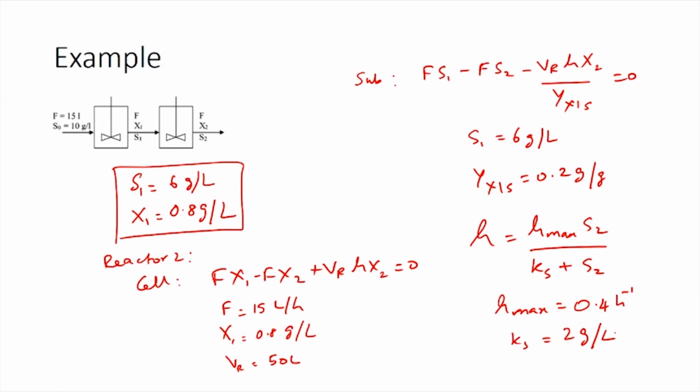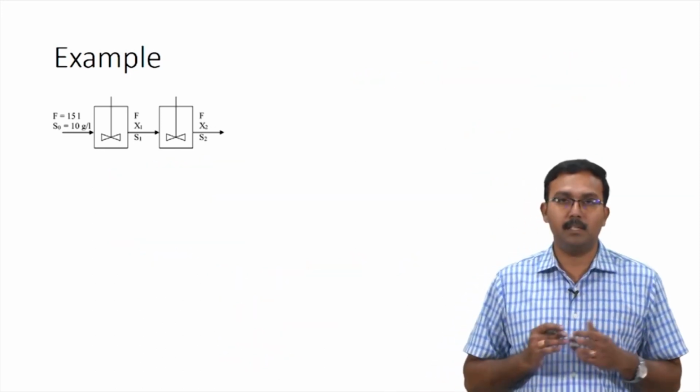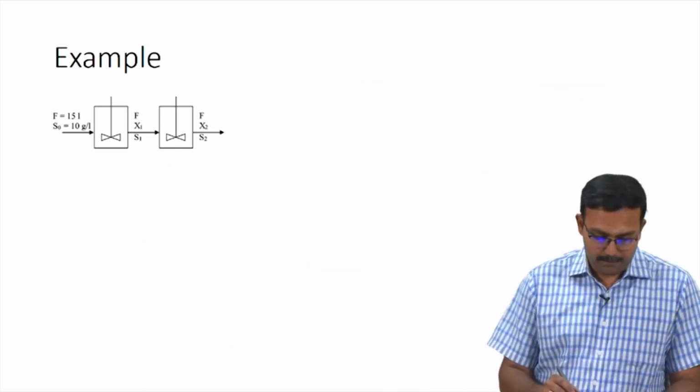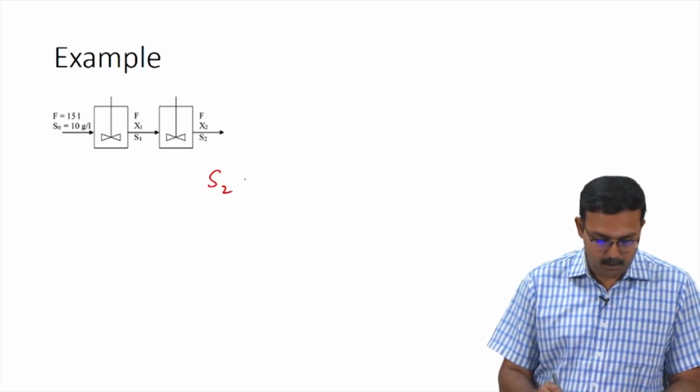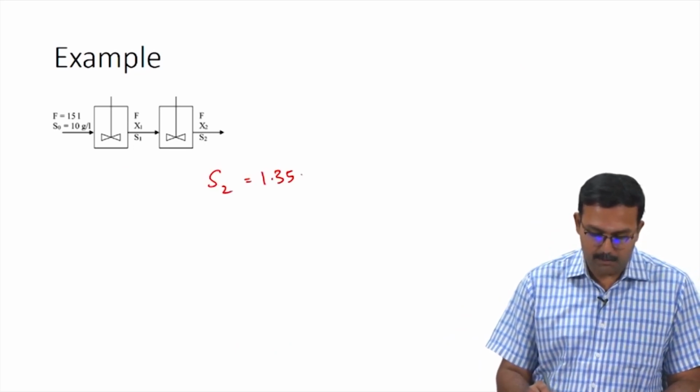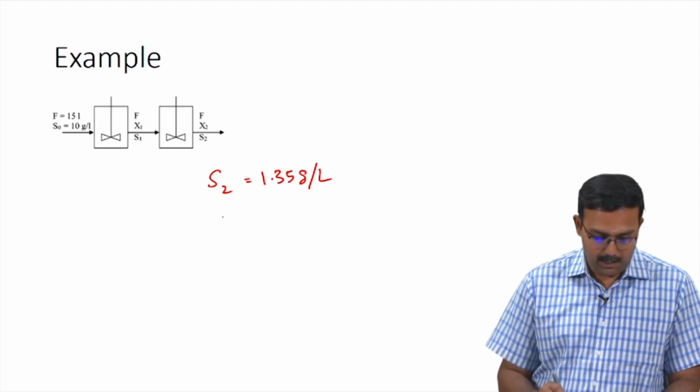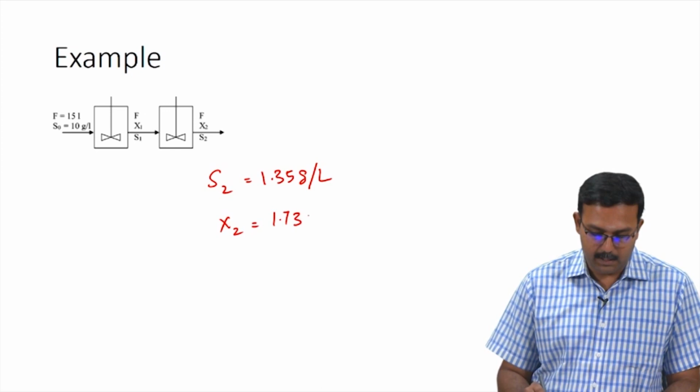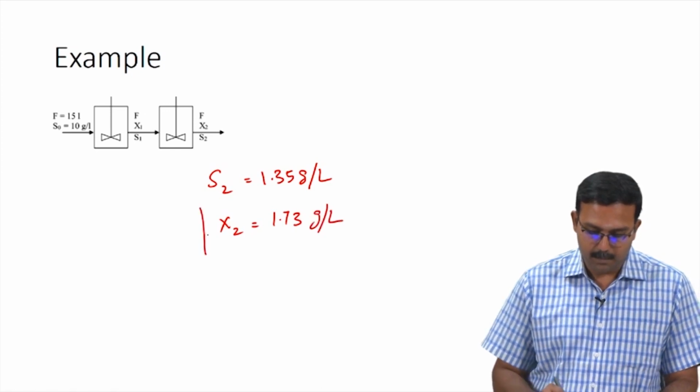By solving these, we will be able to get the biomass concentration leaving the system. If you were to perform this calculation, you will end up with the outlet substrate concentration as 1.35 grams per liter and your biomass concentration as 1.73 grams per liter.